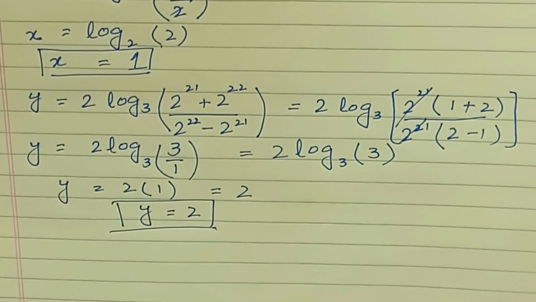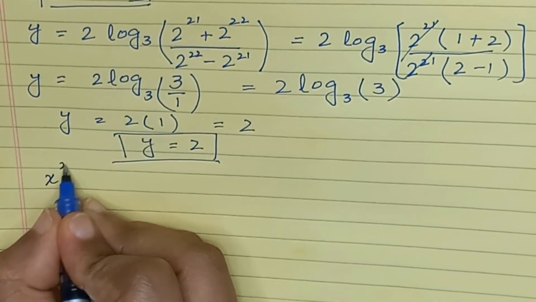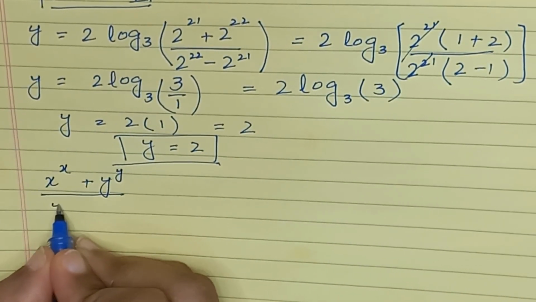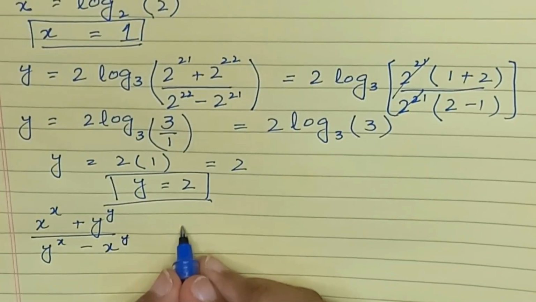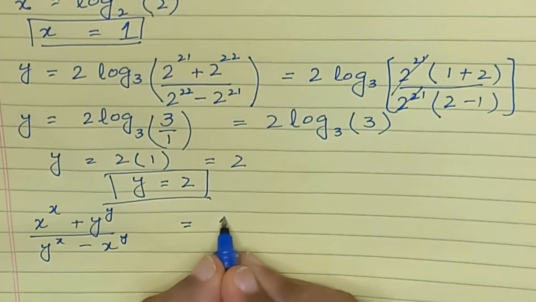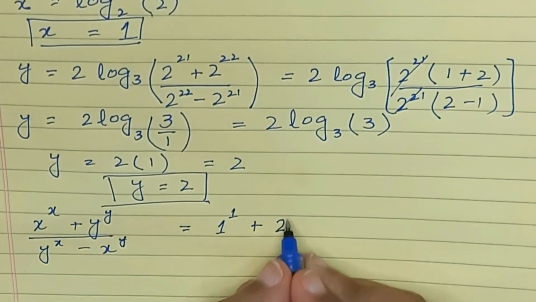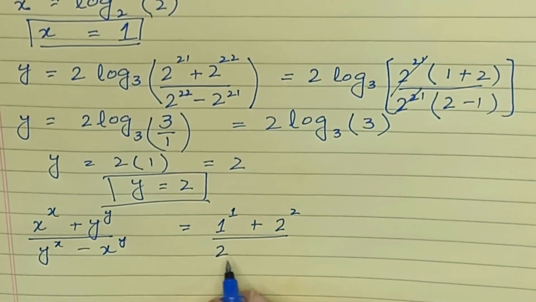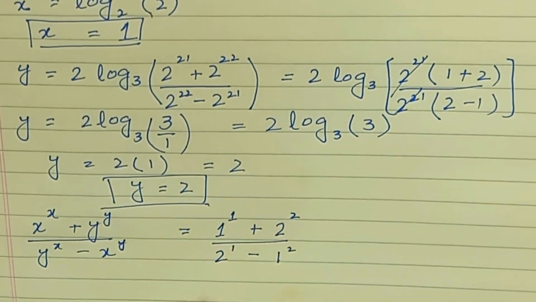And we have to find (x^x + y^y) divided by (y^x − x^y). So x is 1, so it will become 1 raised to the power 1 plus y is 2 and its power 2, divided by 2 raised to the power x, which is 1, minus x is 1 raised to the power 2.